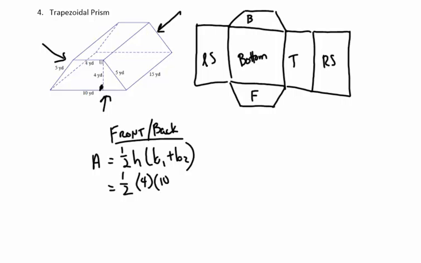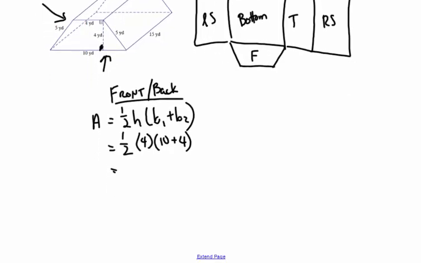That's the bottom of the trapezoid. Plus the top, which is 4. And keep in mind we have 2 of these sides. So whenever answer I get, I'm going to double it. 1/2 of 4, that's 2, times 14, which is 28, times 2, because there's 2 sides. So 56 yards squared for the front and back.